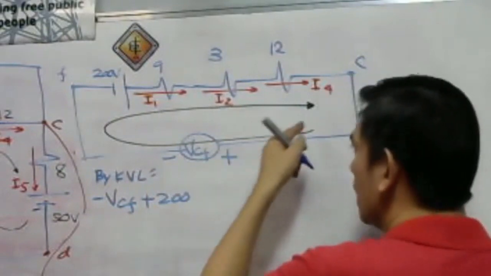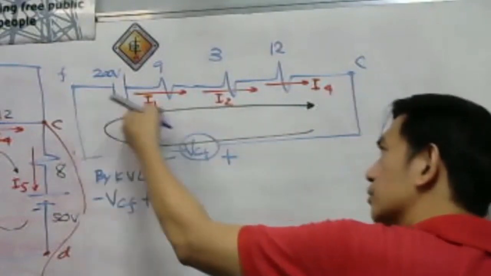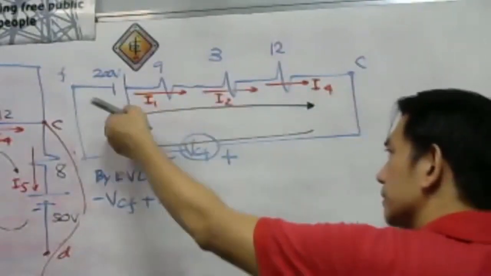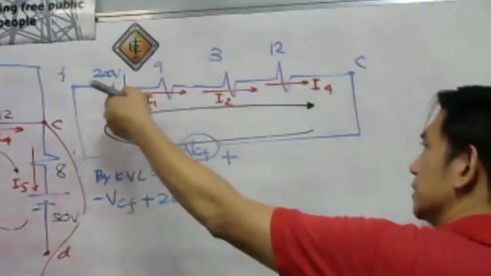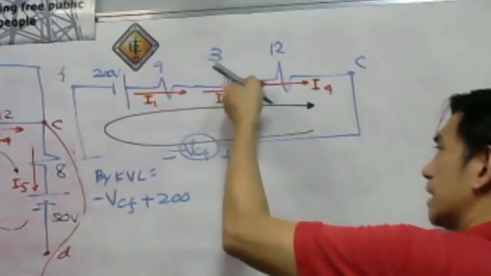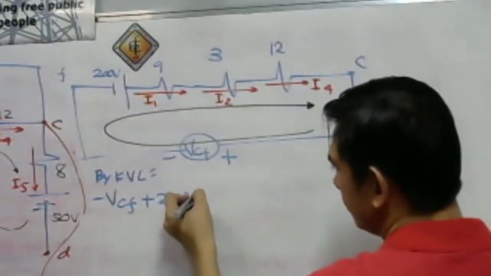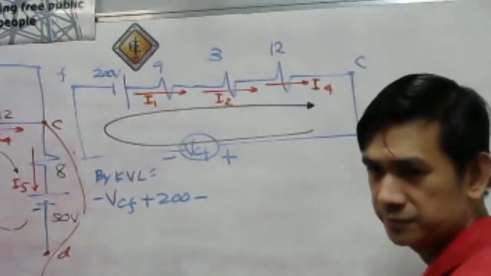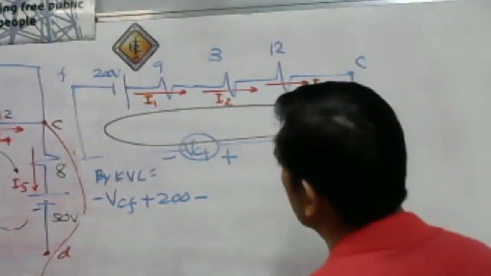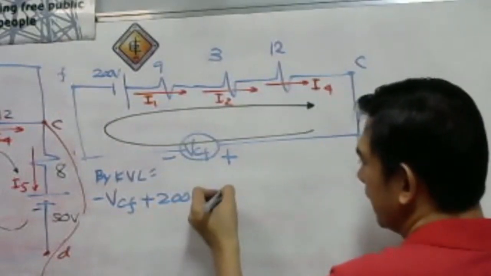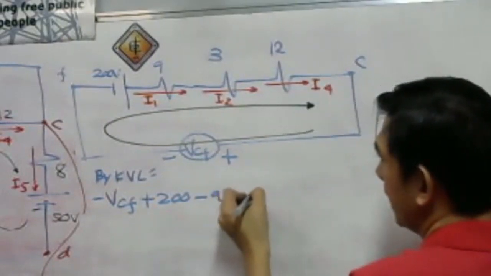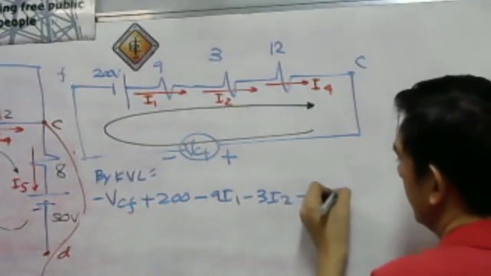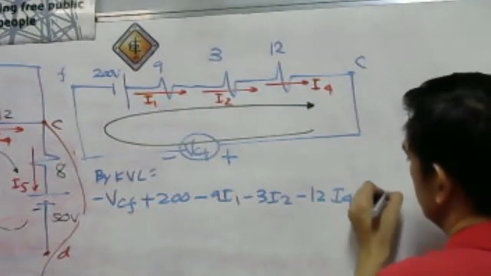Remember that our circuit tracing is going to the right. All of these are going to the right. Only one direction. Therefore, that should be minus 9 I sub 1, minus 3 I sub 2, minus 12 I sub 4. That is equal to 0.